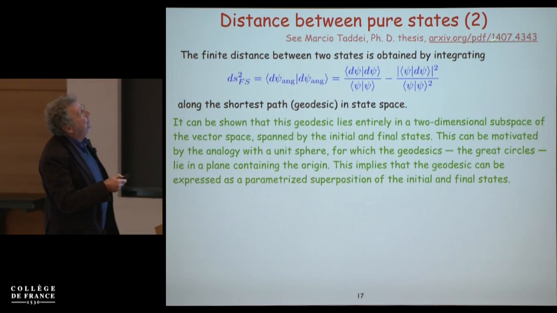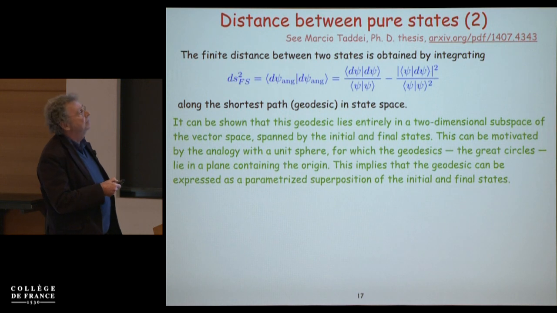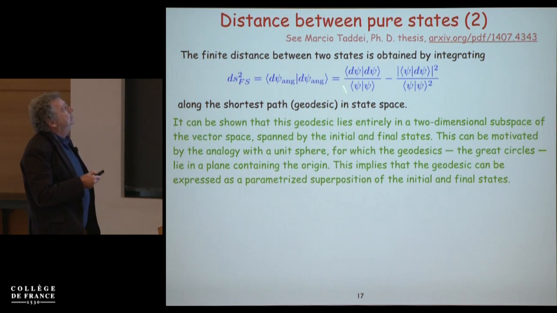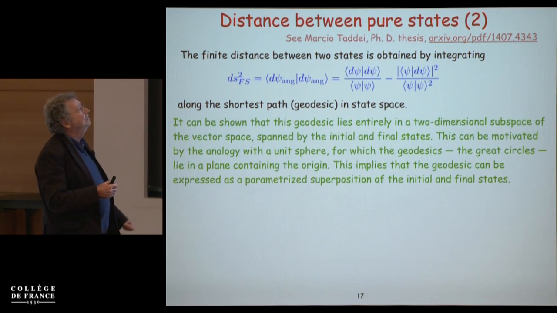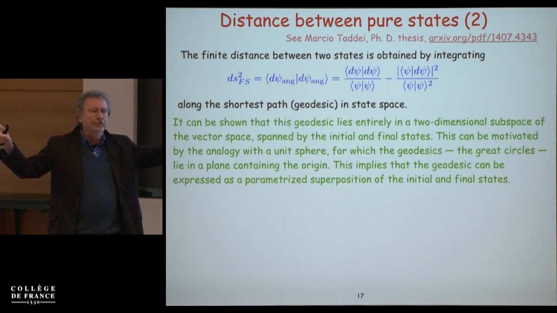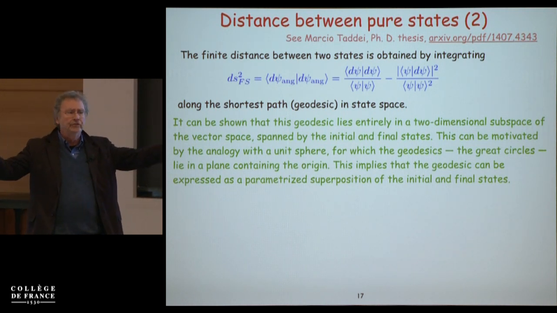You can look at this thesis here, which is available on the web. It's in English. That's a student of Ruine Matos, a colleague of mine in our group. And what it can be shown is that this geodesic, this is actually intuitive, lies entirely in a two-dimensional subspace of the vector space, which is spanned by initial and final states.